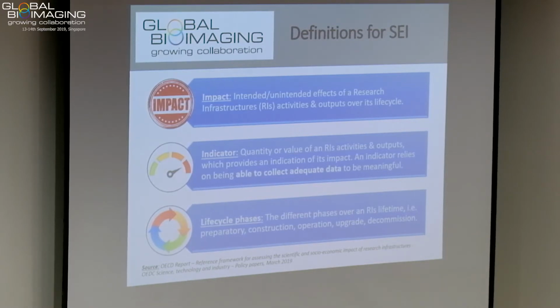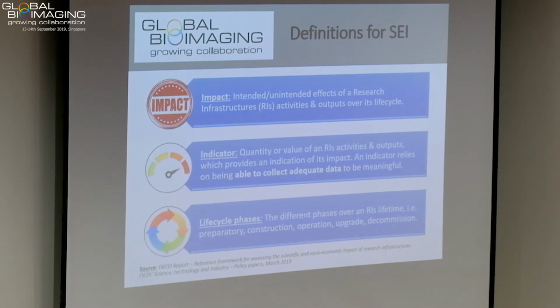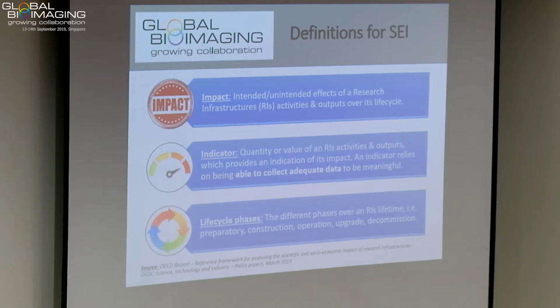And you really have to have indicators with adequate data to make them meaningful. So you have to be able to collect enough information about that indicator in order to make it a valuable measurement that people can look at. And then we have the life cycle phases. So we have the phases over the research infrastructure lifetime: preparing, construction, operation, upgrade, and decommissioning.